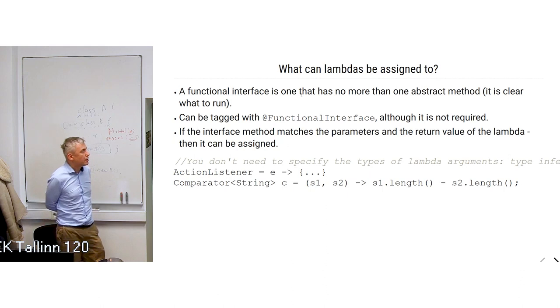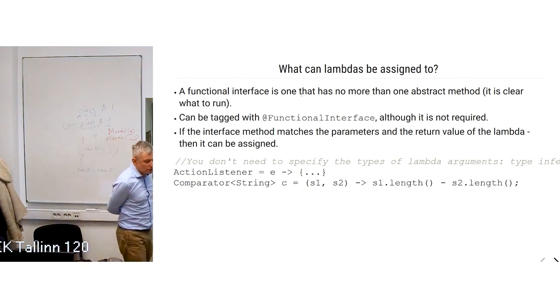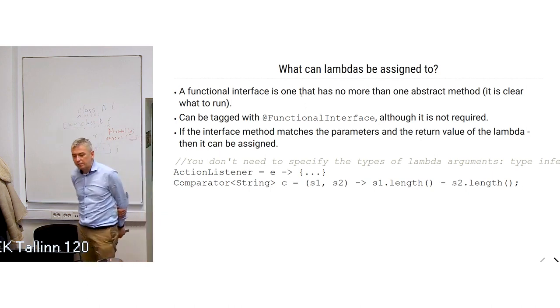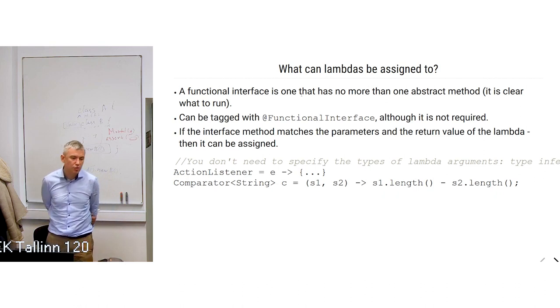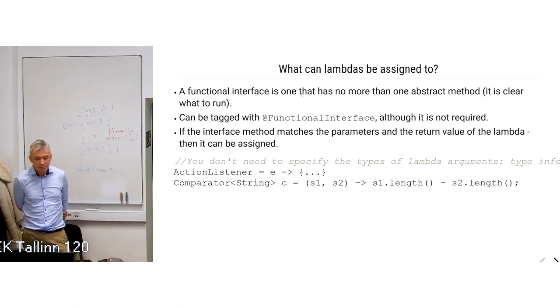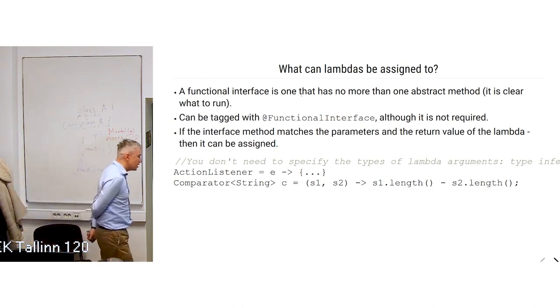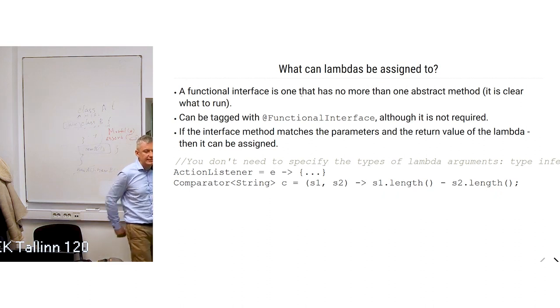So what can lambdas be assigned to? Here comes the thing called a functional interface. An interface in the Java language is called a functional interface if it has no more than one abstract method. If you have an interface with exactly one and only one abstract method, then this interface can be called functional.